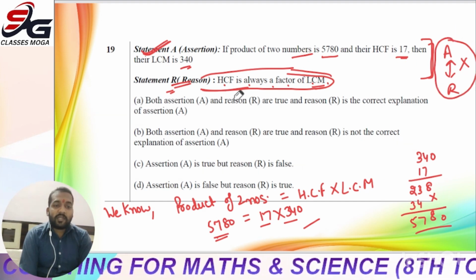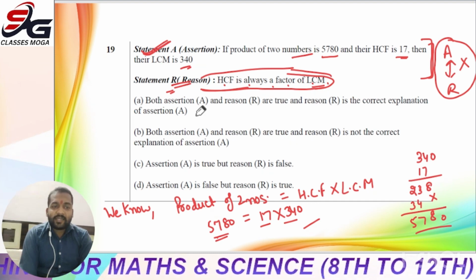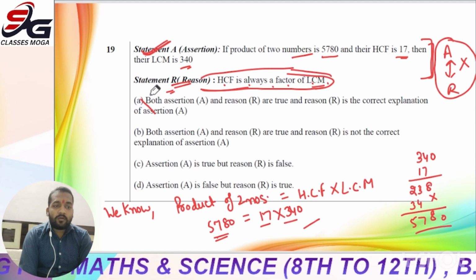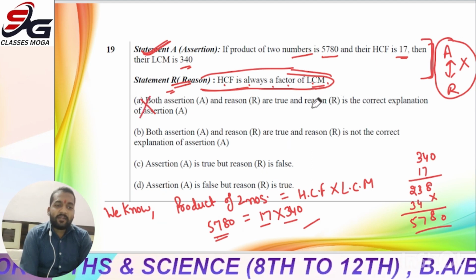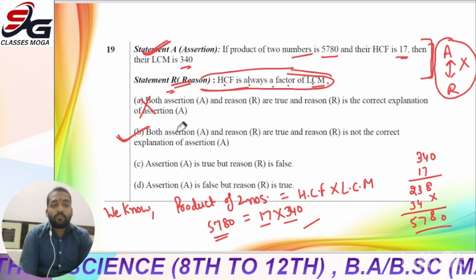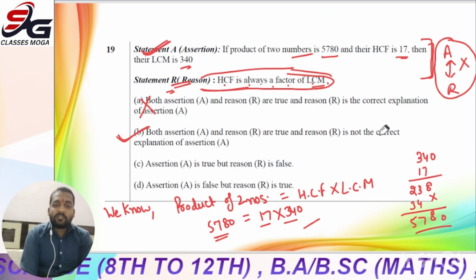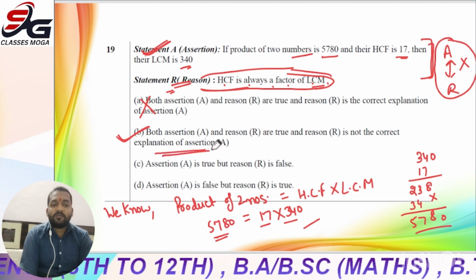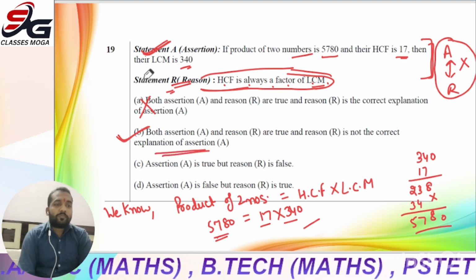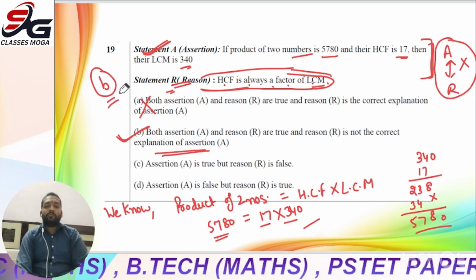Both assertion and reason are true, and R is the correct explanation of A? No, because there is no relation between A and R. So option B is the correct option: both assertion and reason are true, but reason is not the correct explanation of assertion. So option B is the correct option.